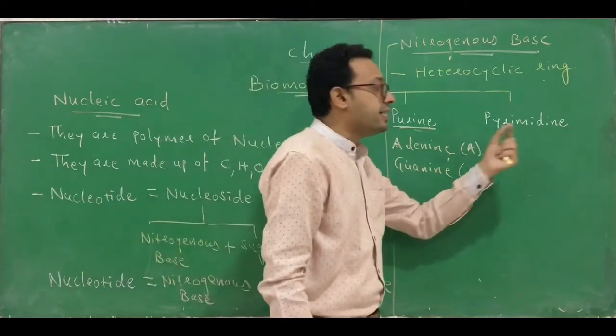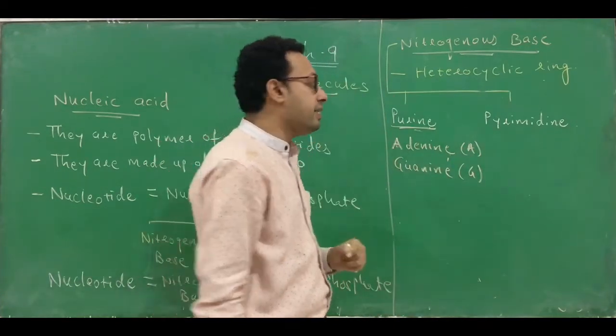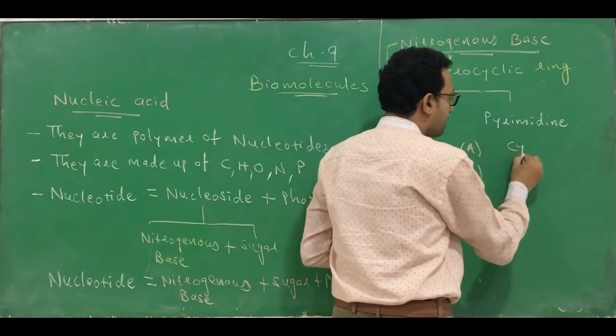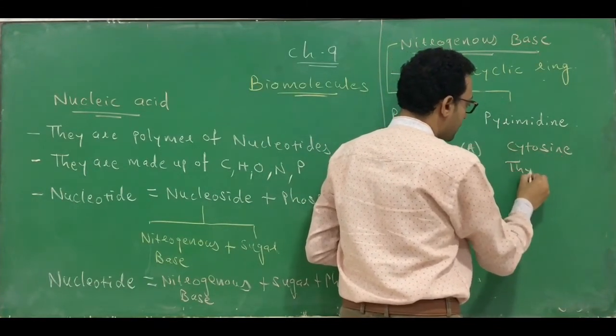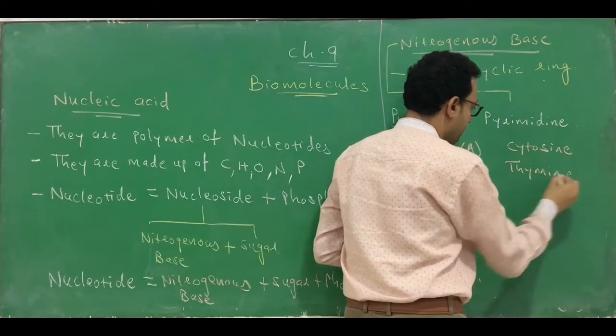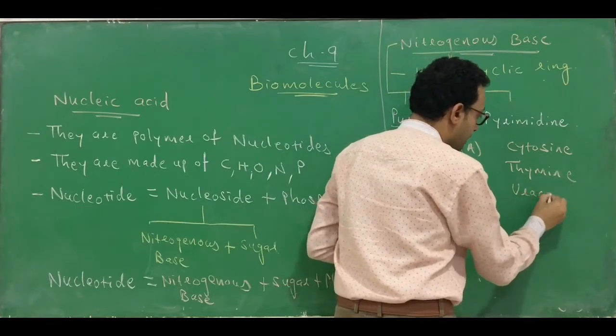Which are the pyrimidine nitrogenous bases? The pyrimidine nitrogenous bases are cytosine, thymine and uracil.